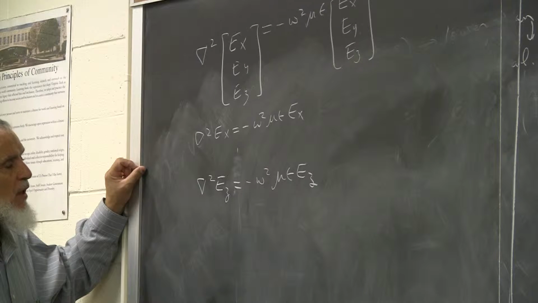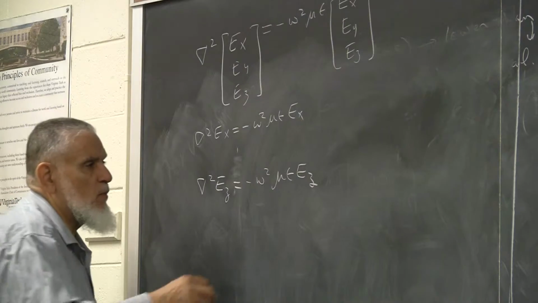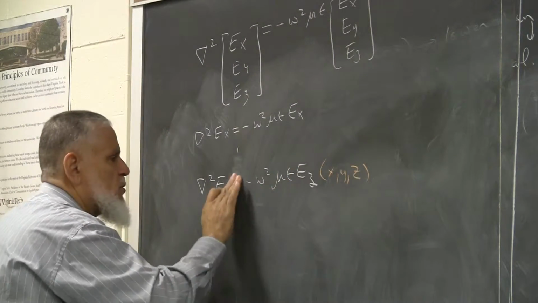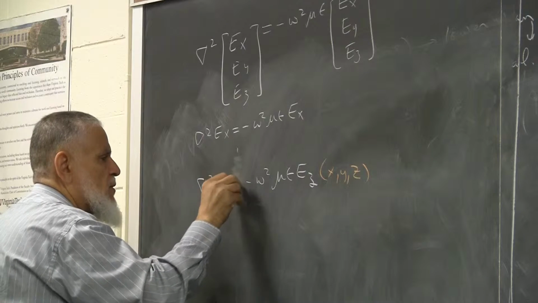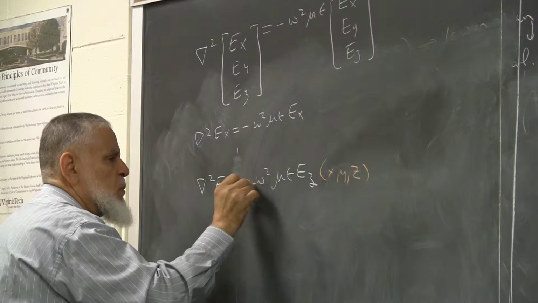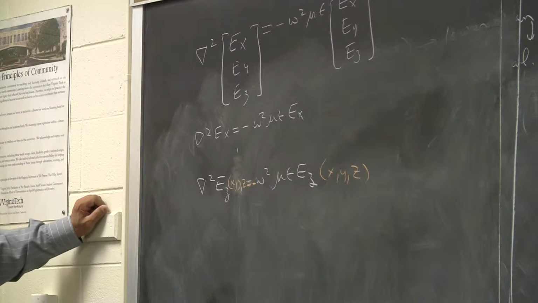Well, basically, what we do is we assume that the E sub z is a function of all 3 coordinates. So, in reality, that's a function of x, y, and z. We use a technique called the separation of variables.